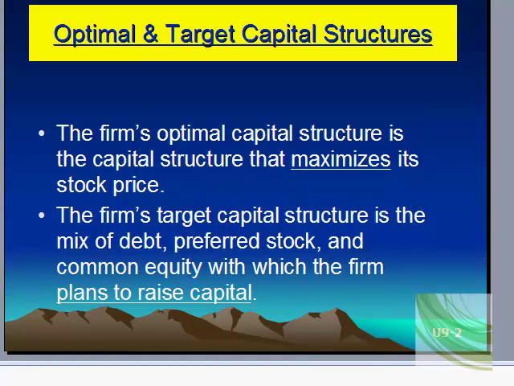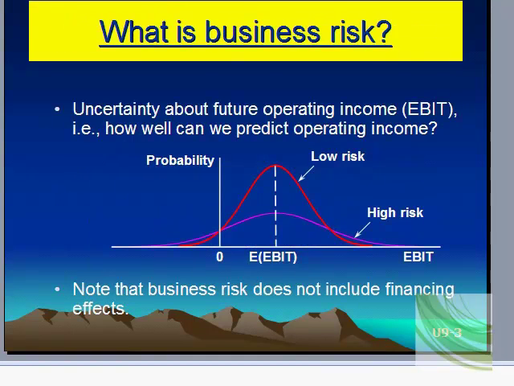They can finance with stock, with equity, or preferred stock or debt. When a business makes those decisions, the four factors it considers are the business risk, its tax position, the financial flexibility it has, and the different kinds of preferences that management has.